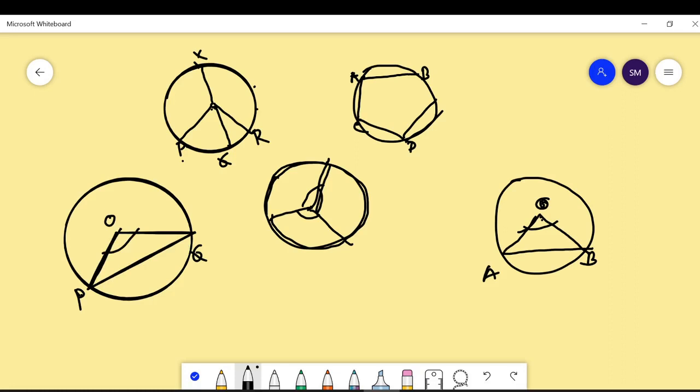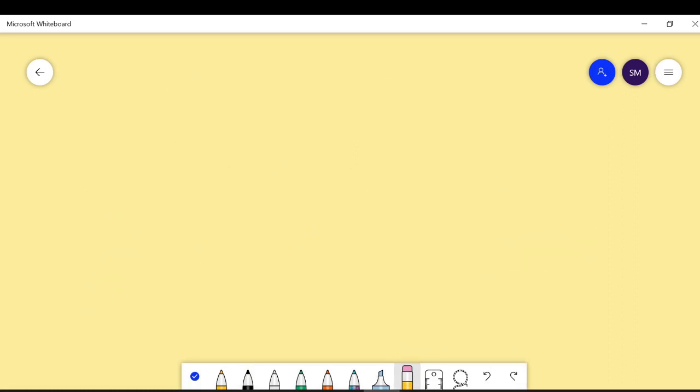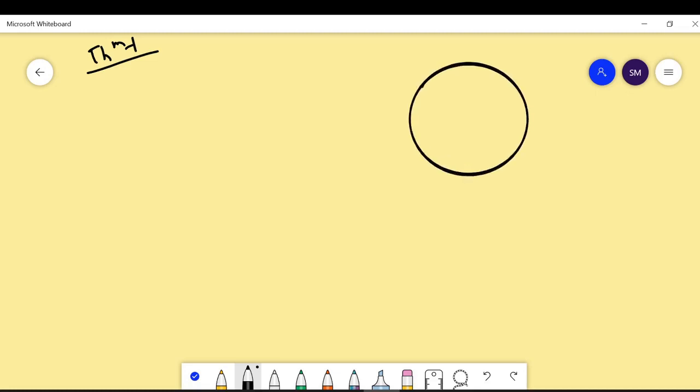Theorem 1 says equal chords of a circle subtend equal angles at the center. Suppose this is a circle and AB is a chord and CD is another chord of equal length.